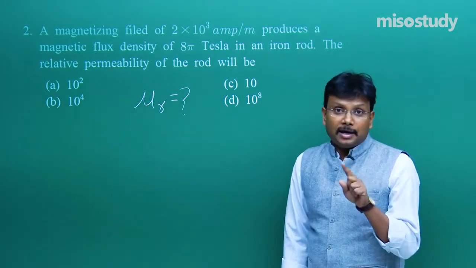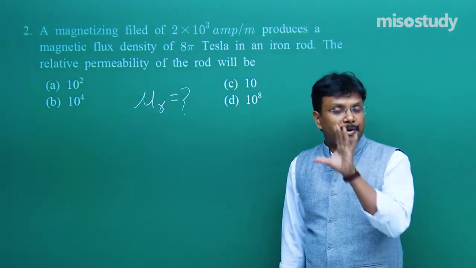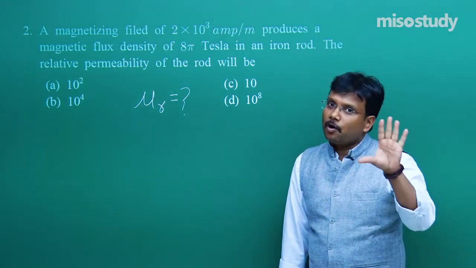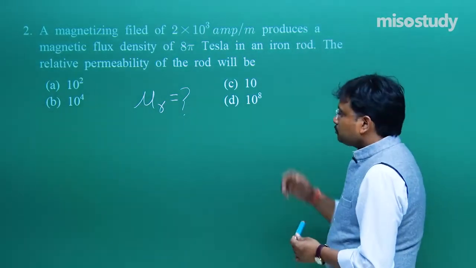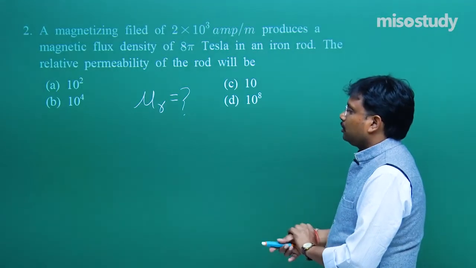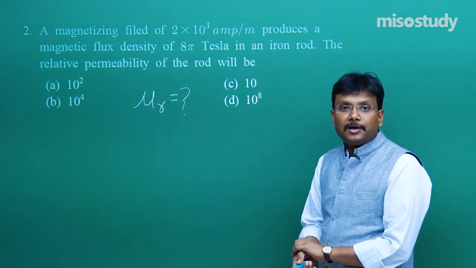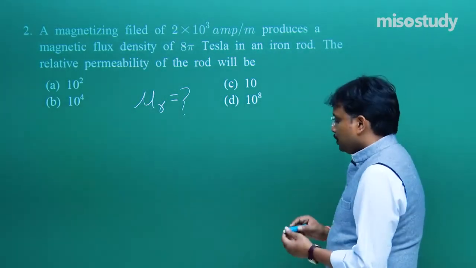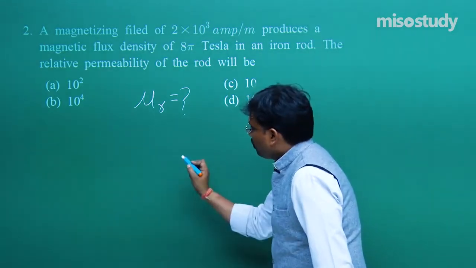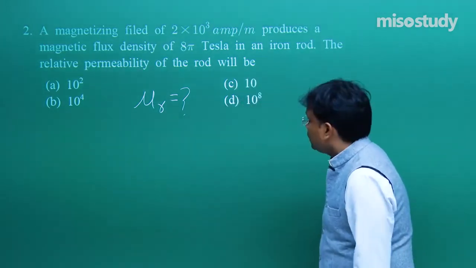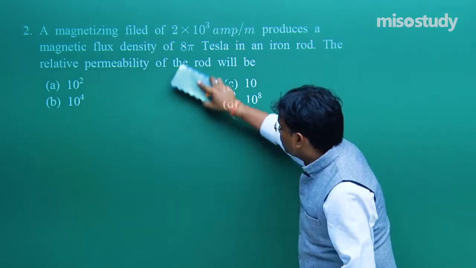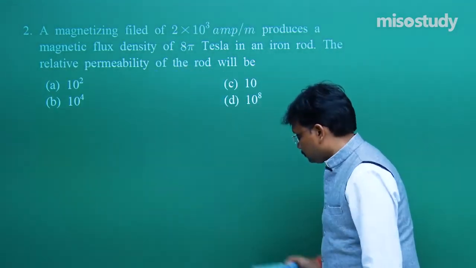This question is again based upon a specific type of approach and formula. What is that approach or formula that we will try to find out? So now what is the formula for this relative permeability? Let's write down.